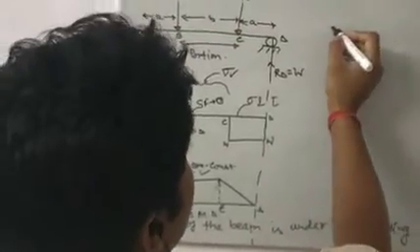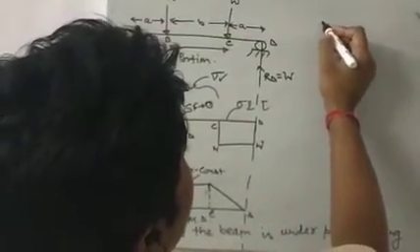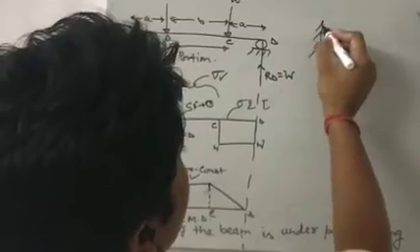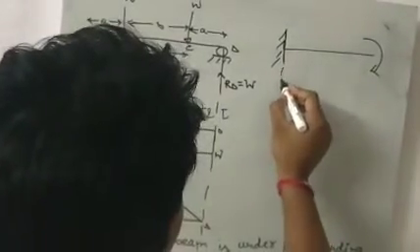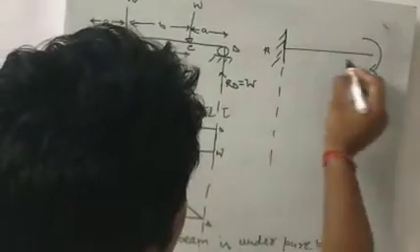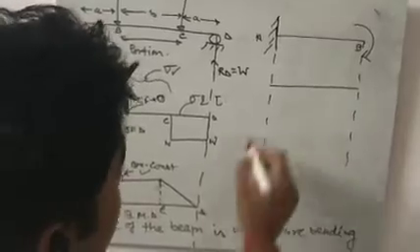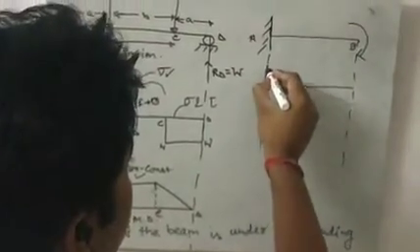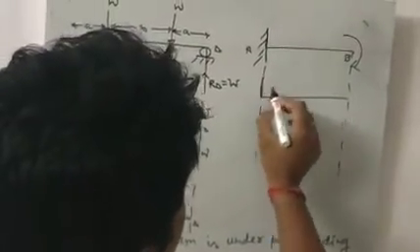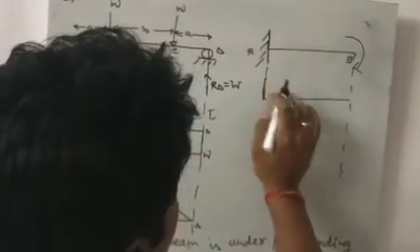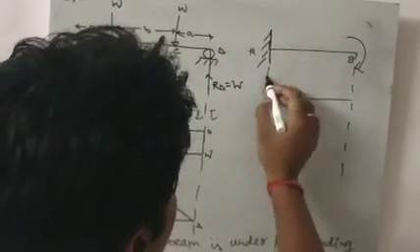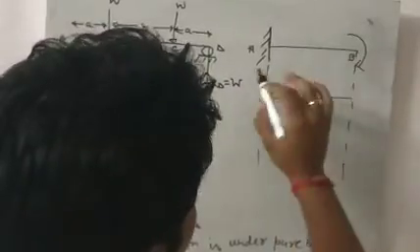Now consider another example of a cantilever beam. Here is a cantilever beam subjected to a moment at its free end. The beam is AB. When we draw the shear force diagram, it will look like this one. There will be no shear force for the whole length.